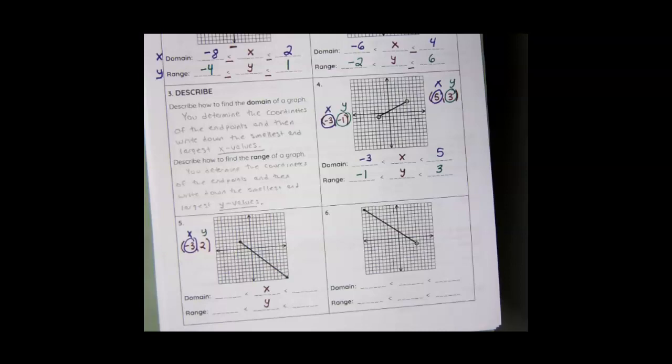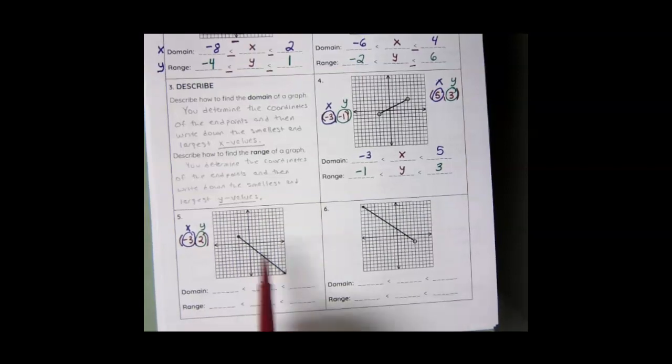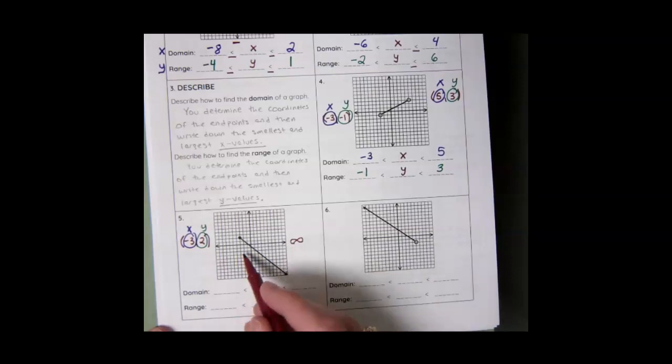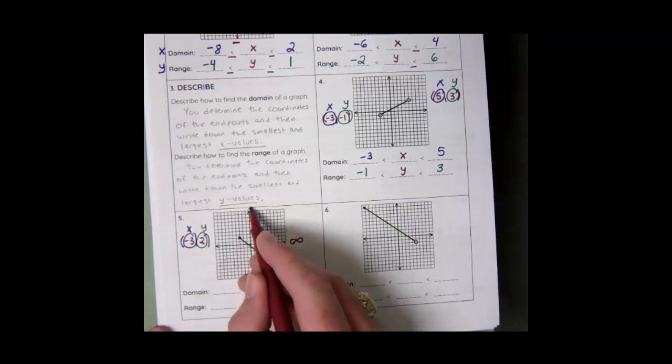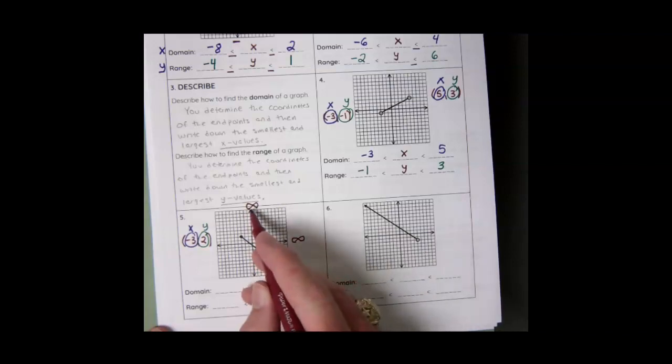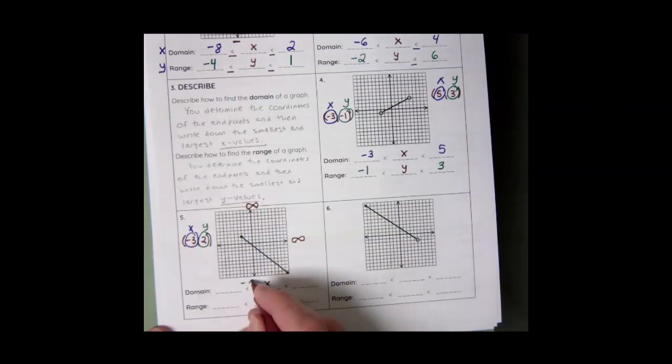Now, to discover this one, we have to talk about some things. If you were to go all the way over to the right, forever and ever, you would eventually get to infinity. If you would go all the way up, you would also get to positive infinity. If you would go all the way down forever and ever, you would get to the opposite of this, which is negative infinity.